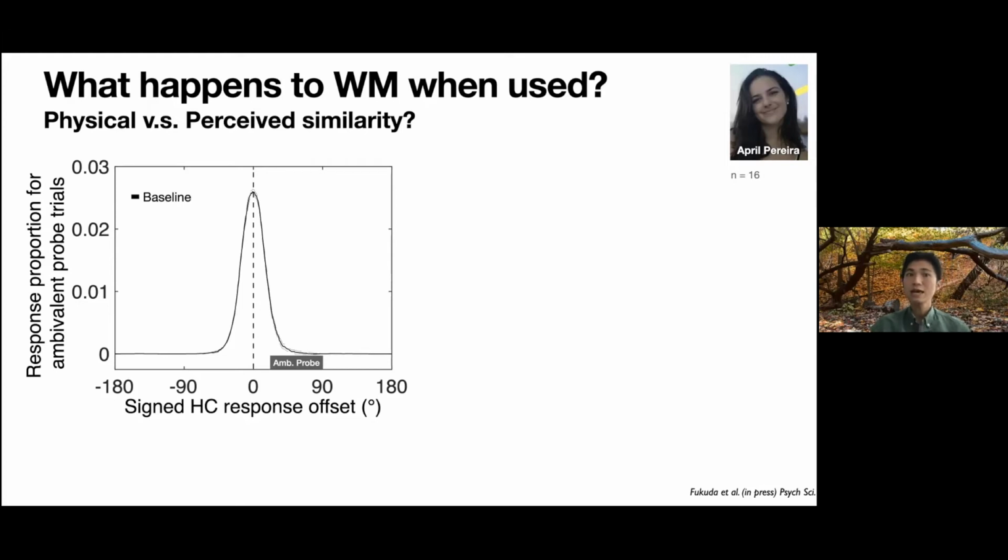And if we see any difference in the magnitude of the bias, we can say this is not the effect of physical similarity of the probe, but the perceived similarity of the probe. Here I'm showing you the range of the ambivalent probe. When the ambivalent probe is judged to be similar, what we found is a reliable shift in the response offset in the direction of the ambivalent probe.